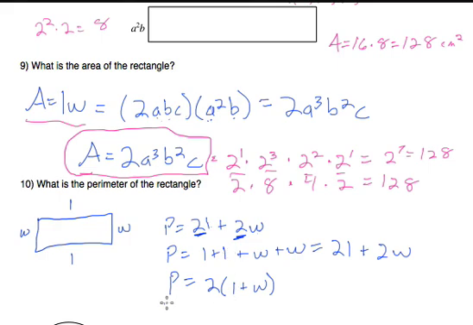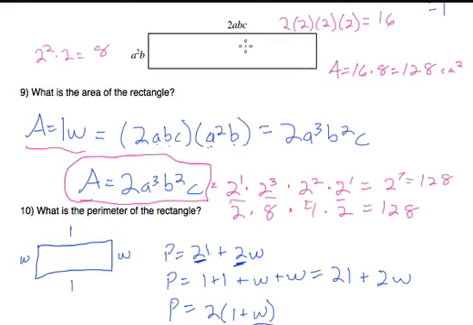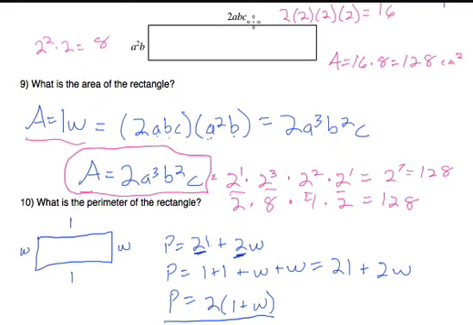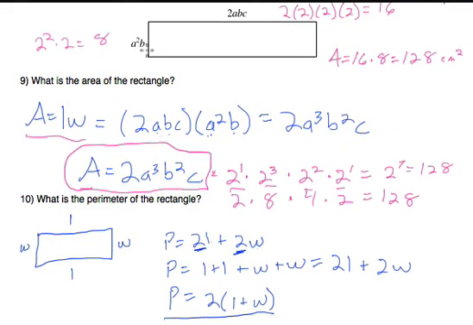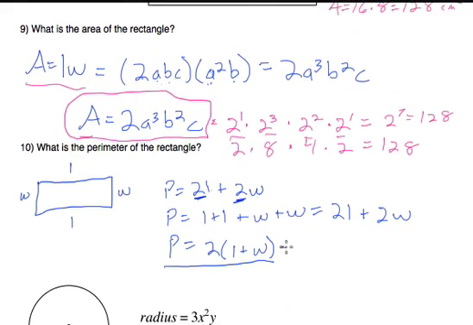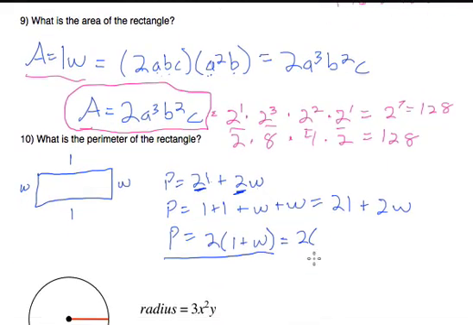So, if we start with the big picture, all we have to do is substitute. What's our length? 2abc. What's our width? A squared times b. So, substitute. Perimeter equals 2 times, the length is 2abc, plus the width is a squared times b.